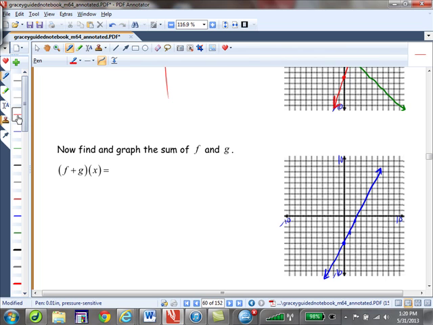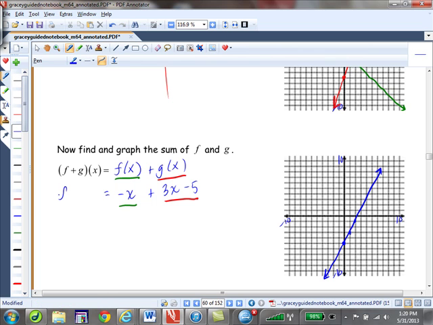So now let's take a look at it. What we were doing is adding f of x plus g of x. F of x was negative x. G of x was the one that was 3x minus 5. So again, we had done this one in green, and we had done this guy in red.